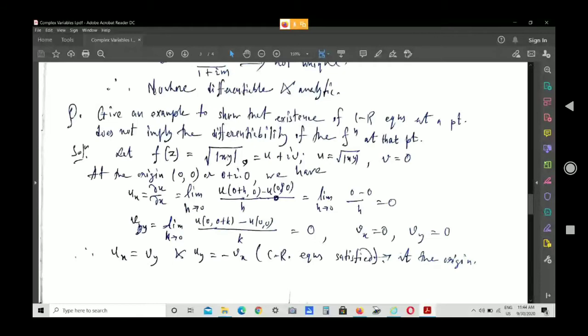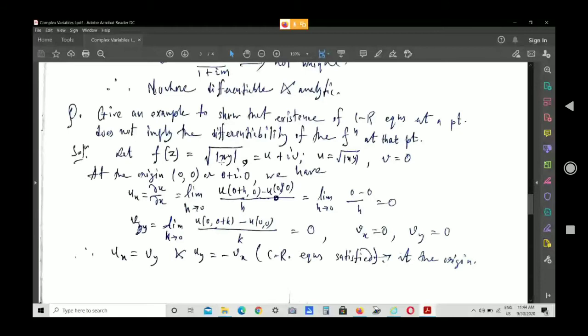So if we take this function, let us call it u plus iv, the real and imaginary parts are required to apply the Cauchy-Riemann equations, because we need ux equal to vy, uy equal to minus vx. So we have identified the real part and the imaginary part. u, the real part, is this function, and the imaginary part is 0. Obviously you can check.